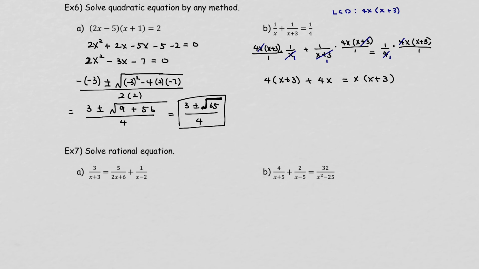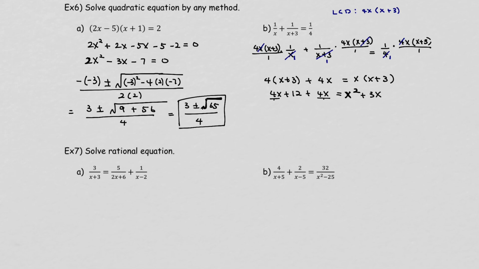I see parentheses, so let's distribute to get rid of parentheses. 12, 4x, x squared plus 3x. Looks like I'm going to have a quadratic equation. It means I wanted to make it standard form equals to 0. So once I combine these two, move to the other side because I wanted to make my leading coefficient positive.